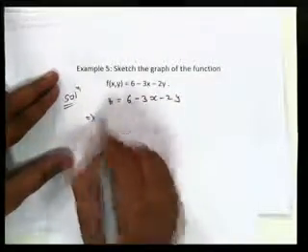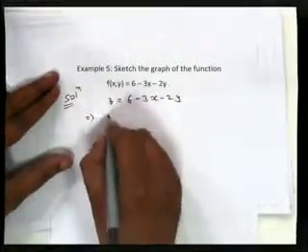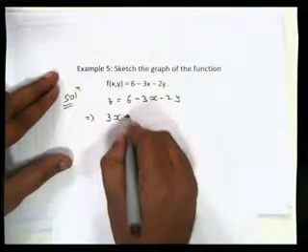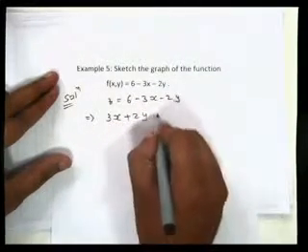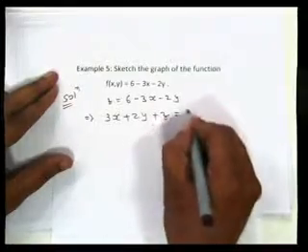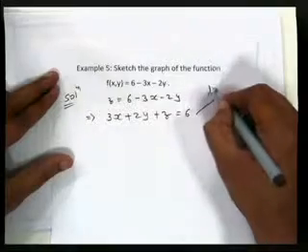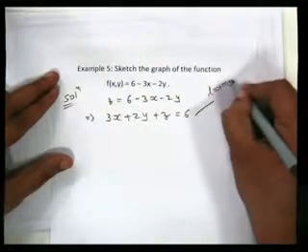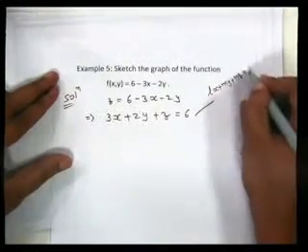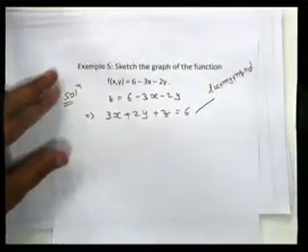From this we can convert this equation into the standard form: 3x plus 2y plus z is equal to 6, right. This equation looks like lx plus my plus nz is equal to d. Now this is the standard equation of a plane, right.